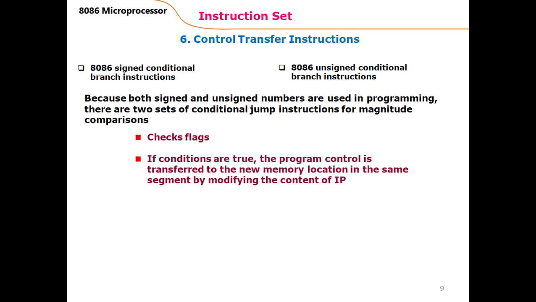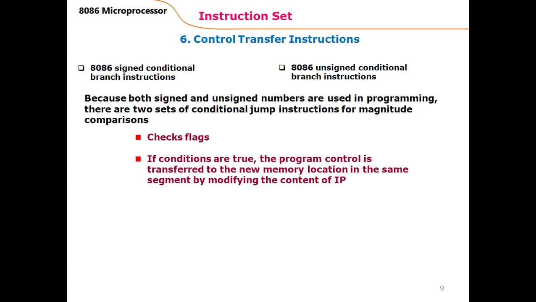So as signed and unsigned numbers are compared in programming, there are two sets of conditional jump instructions for magnitude comparisons. In the 8086 microprocessor, there are signed conditional branch instructions normally used for comparing signed numbers, and similarly there are unsigned conditional branch instructions.